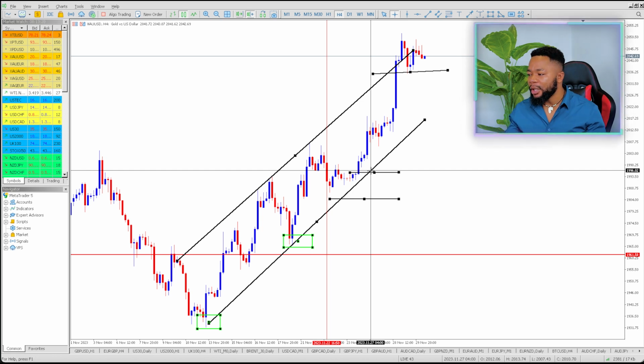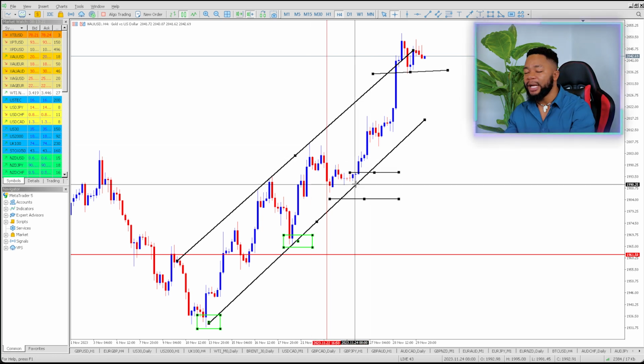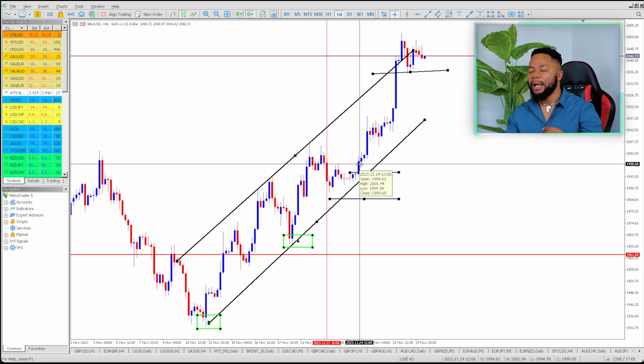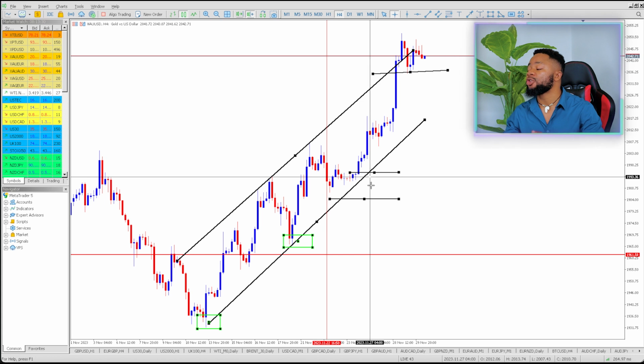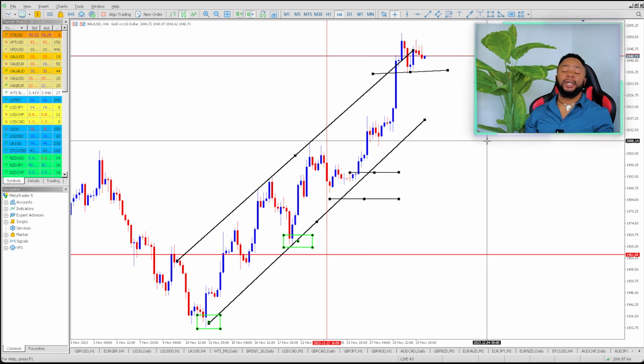So I didn't care about any of that. So long as the market pulled back to this particular zone, I just immediately calculated my lot size, put my stop loss, everything, boom, went into this trade, and I just sat and I was waiting.